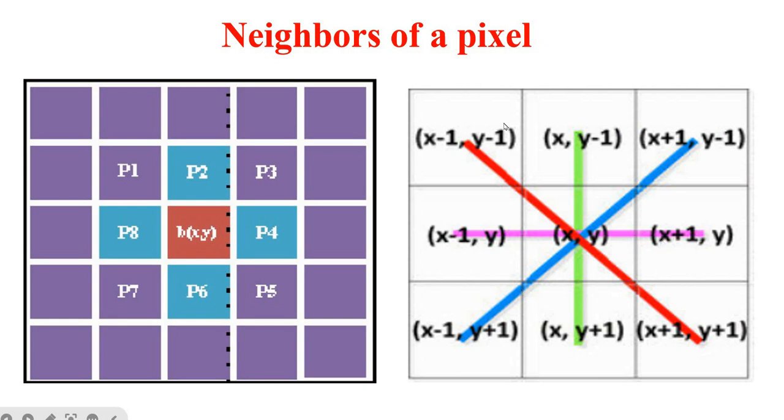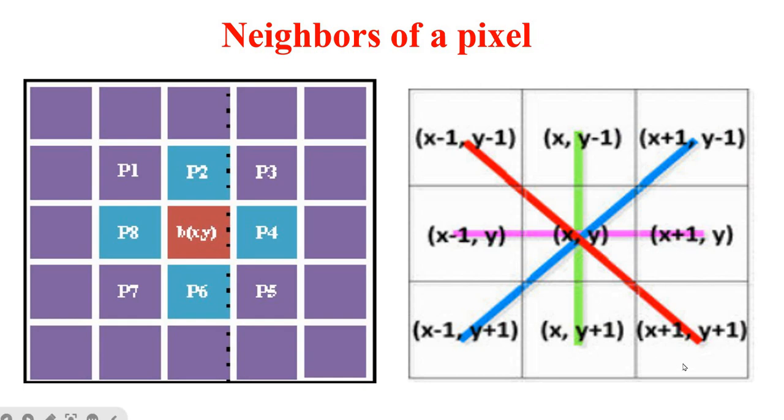If you observe here, you can see that the value of x increases as we go from left to right, that is x minus 1, then x, then x plus 1. And the value of y increases when we move from top to bottom, that is y minus 1, y, y plus 1. The pixels with the green line are called vertical pixels and these are called horizontal pixels.